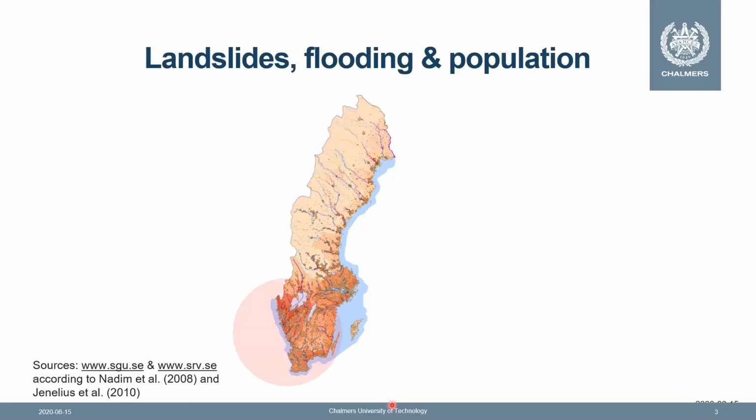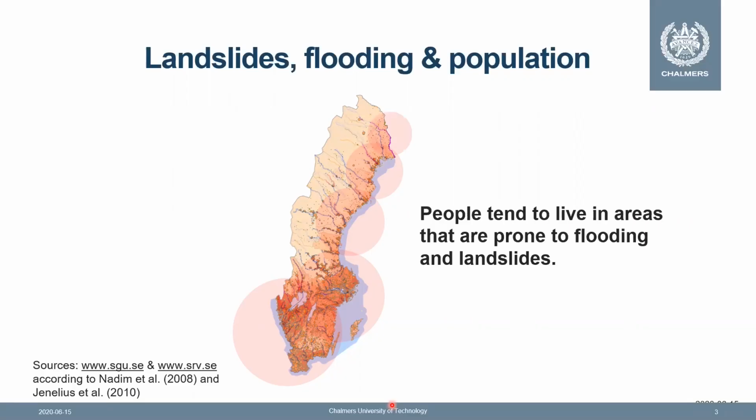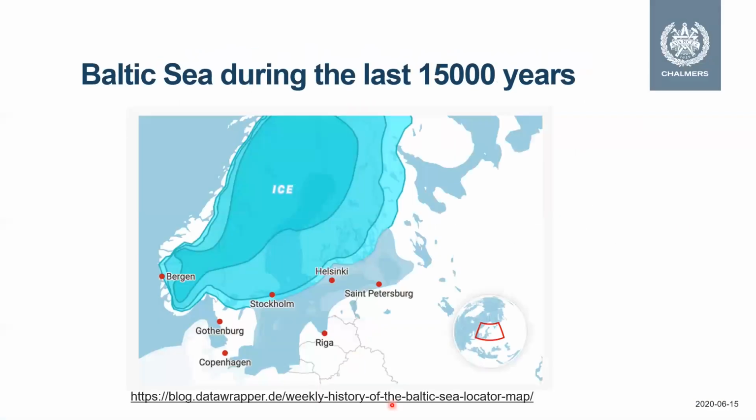Along the west coast, the east coast, and further up the east coast to the north, the population is concentrated where we have soft soil deposits and possibilities for problems with soft soils. So people in Sweden tend to live in areas that are prone to flooding and landslides.